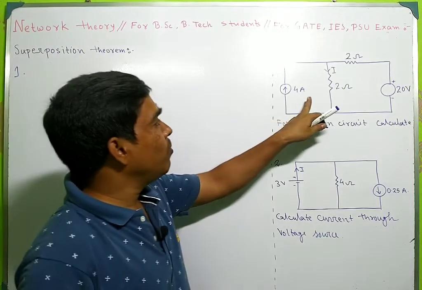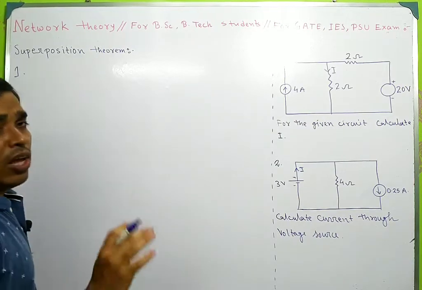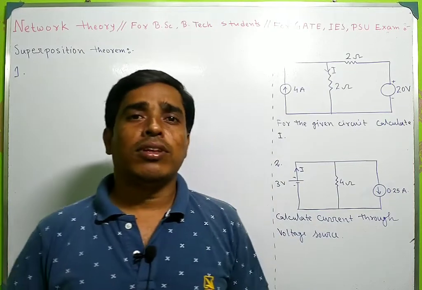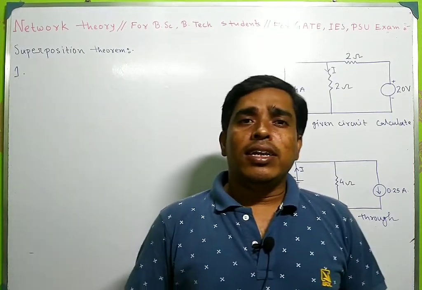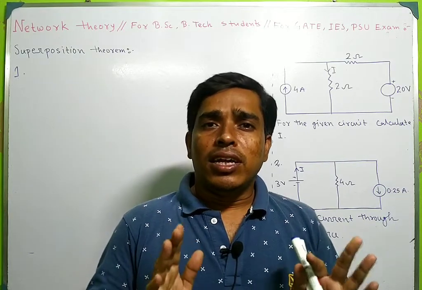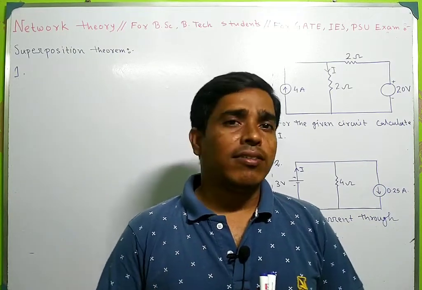So this is problem 1. When you replace a current source, it will be open circuited because a current source contains infinite resistance.